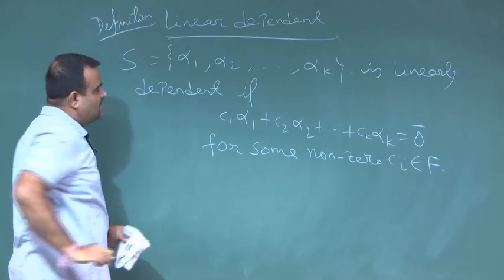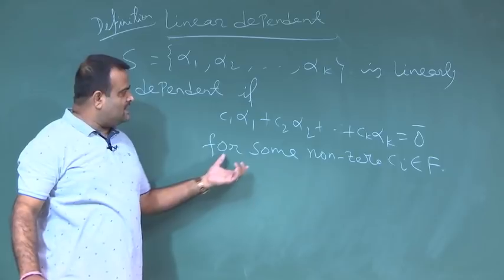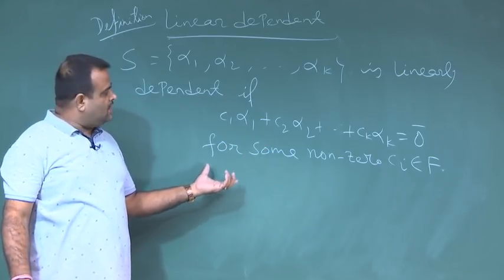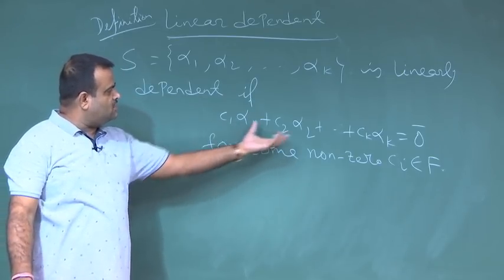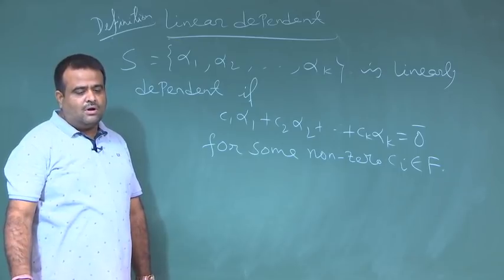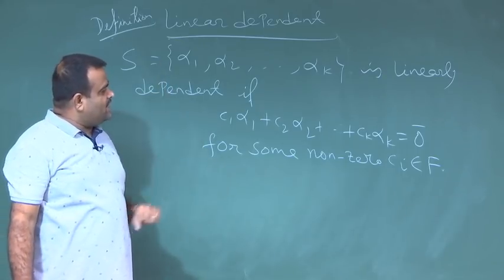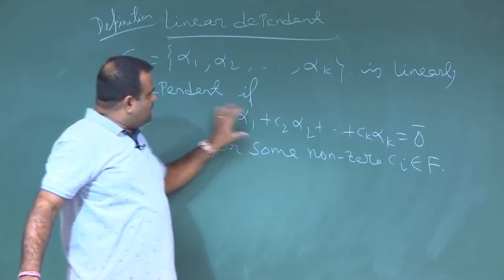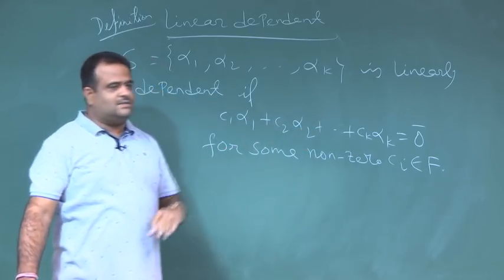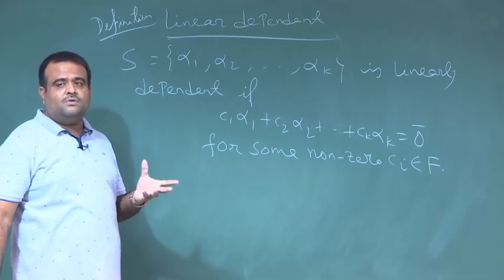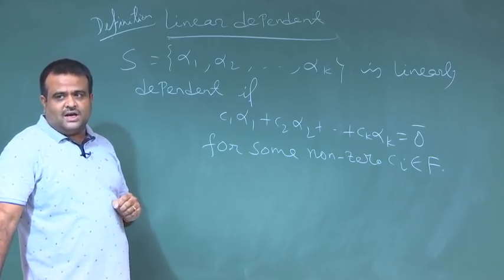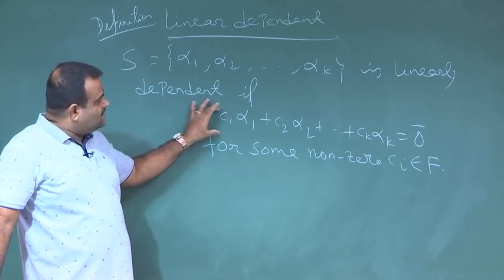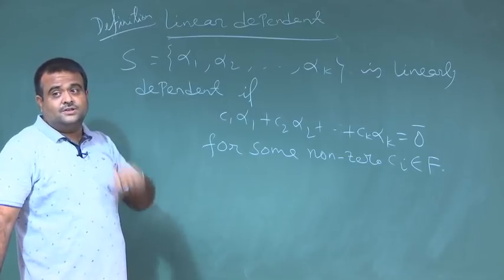Now, if there exists some non-zero scalar for which this happens, then we call this a linearly dependent set. Now, when do we call it linearly independent? If this is 0 only when all c i's are 0, that means we are not able to find any non-zero c i's such that this expression will give us the 0 vector.